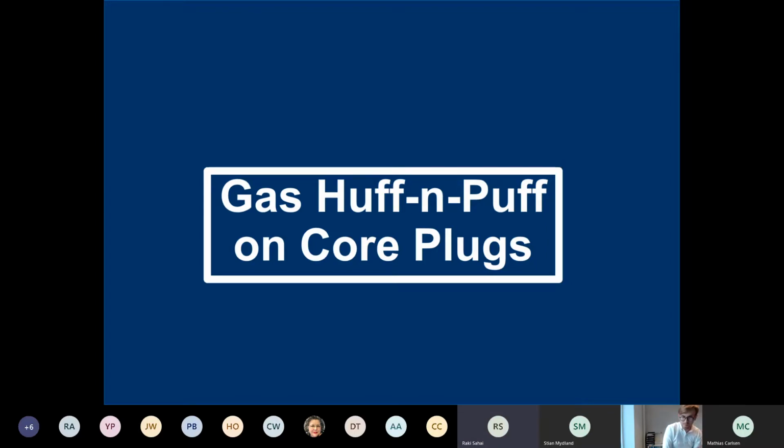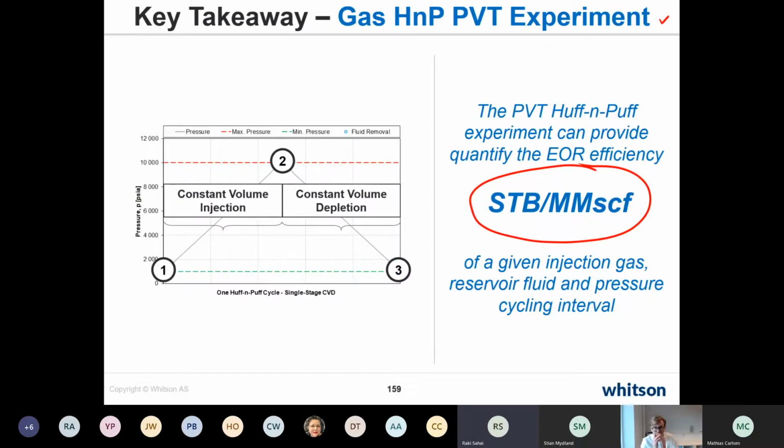Yeah. Looking at the statement that the PVT huff and puff experiment can provide or quantify the EOR efficiency, this is representing the efficiency after the mixing has occurred, right? So some of that efficiency would be reduced, because it's limited by how much you can access, the accessibility, right?